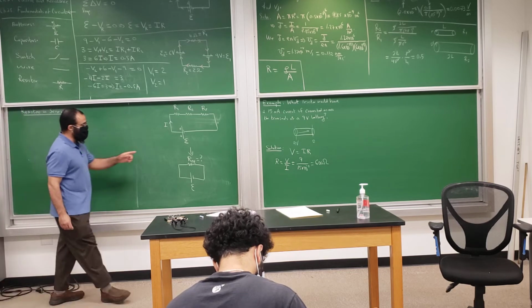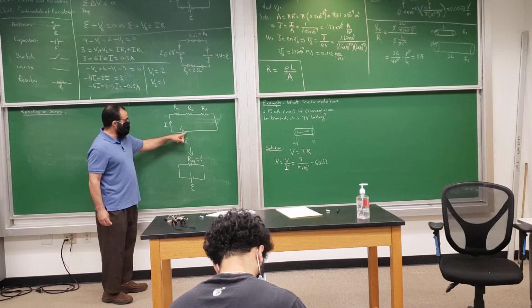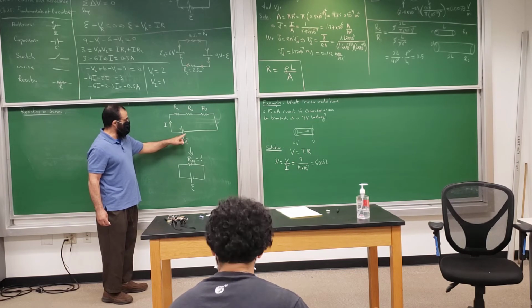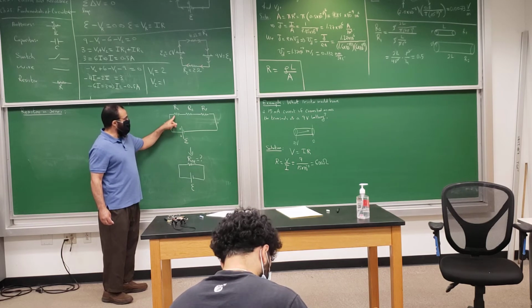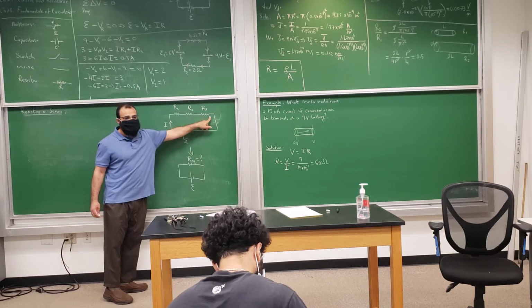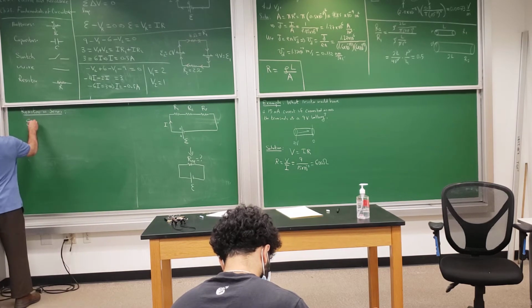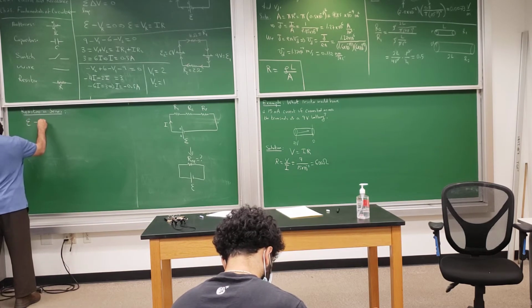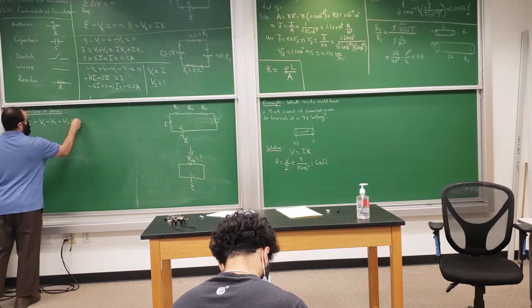The loop rule says if you go around the circuit once, in a closed cycle, you will get 0 change. So you go from here to here, you increase by the EMF, and from here to here you drop by V1, and you drop by an additional V2, and you drop by a V3. So you will get E minus the voltage across resistor 1 minus V2 minus V3 equal to 0.